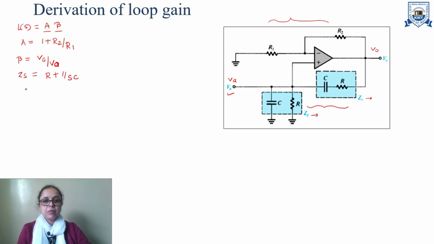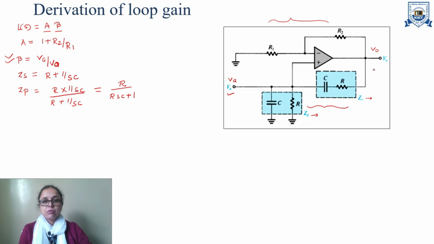Zp is the parallel combination of R and C, given as R into 1 upon SC divided by R plus 1 upon SC. Its equivalent will be R divided by RSC plus 1.